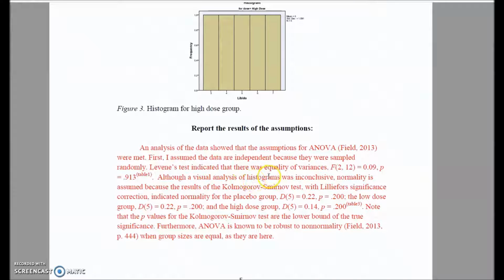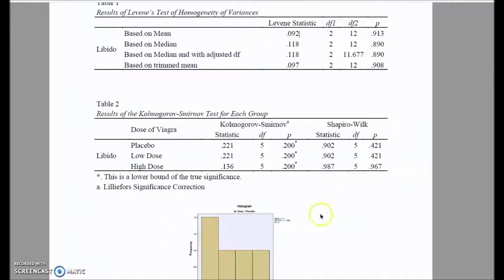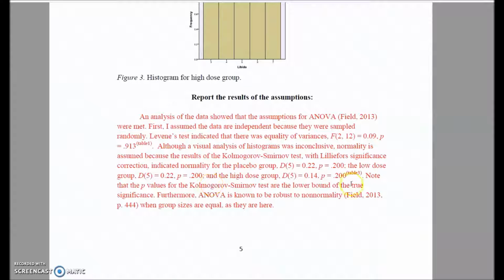Although a visual analysis of the histogram was inconclusive, normality is assumed because the results of the KS test with Lilliefors significance correction, with the p-value acting as the true significance, indicated normality for the placebo group.